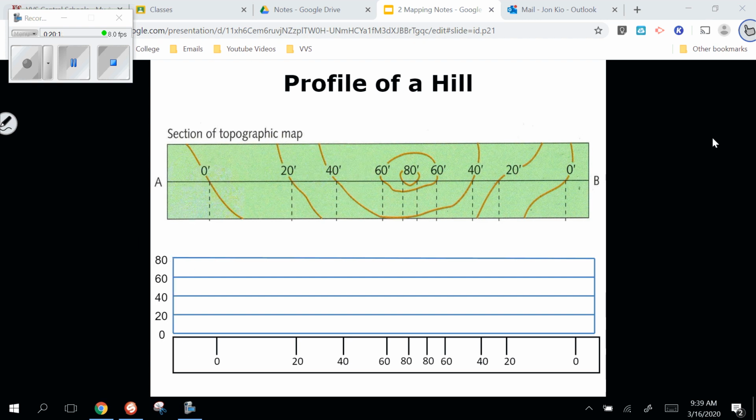So this mark is 0, so we put a little X or a tick mark or a point or something. We go up to that, it's 20. We go up here is 40. Here is 60, 80, and then we're going back down 60, 40, 20, 0. And then we start connecting the points. Notice when we get to the top, we have to go through it and back down to the same point. And then we finish off right there. There's our profile. All right?